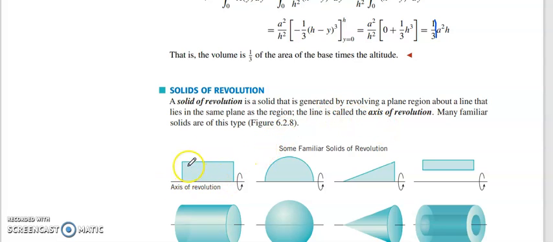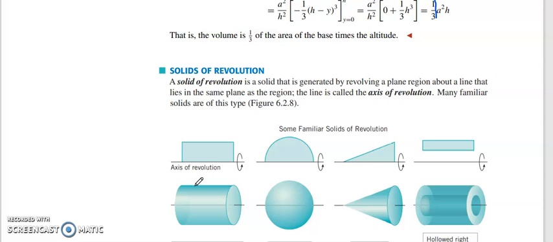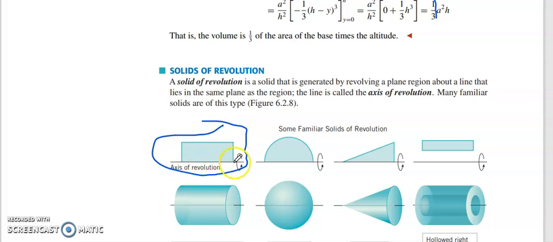So here you have a plane region. Looking at these figures, here you have a plane region and there is a line which lies in the same plane. You can see a rectangular portion in that plane and there is a line.